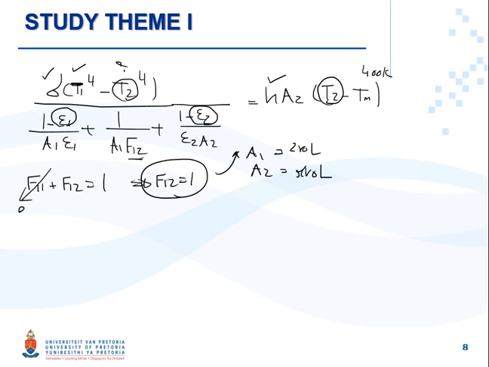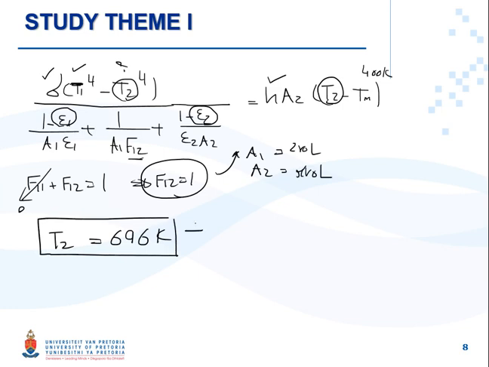So we put it inside, and if we add all those numbers and these correlations, we can get T2 of 696 Kelvin. Okay, so we found this one.